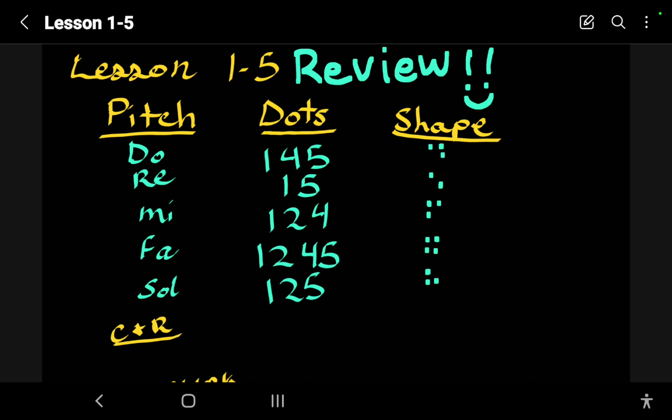Here's number 6 for the second time. Here's Do. Here's the melody for number 6. Pause. And here is number 6 for the third and final time. Here's your Do. And here's the melody.